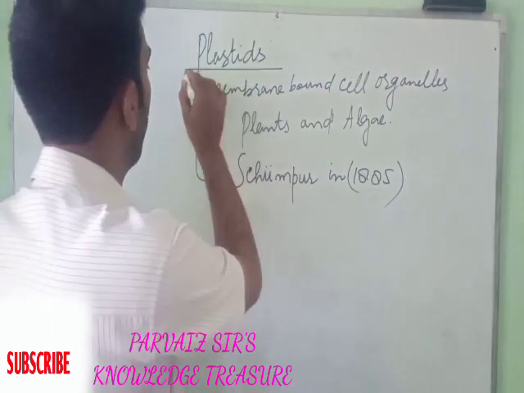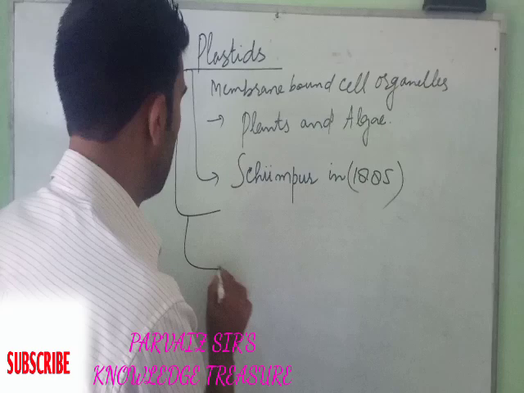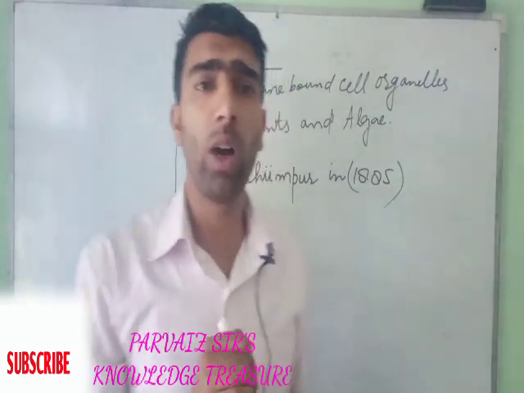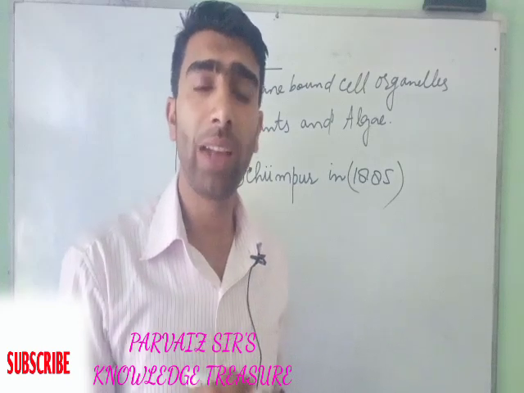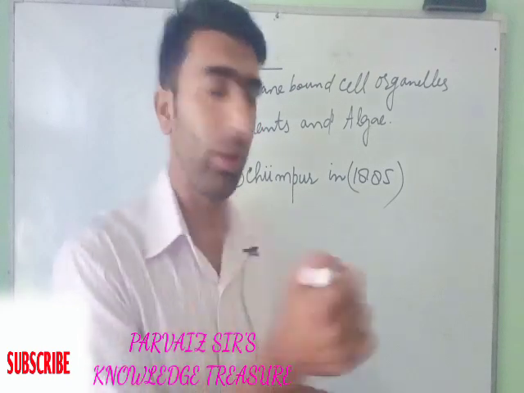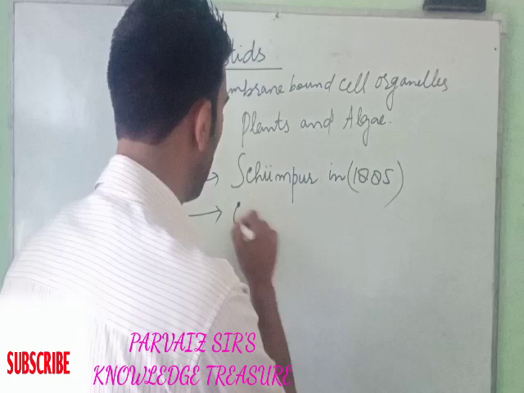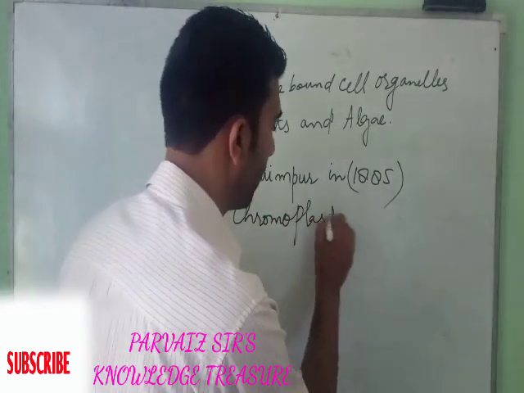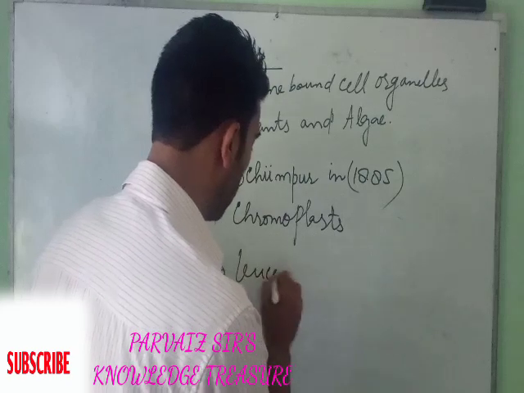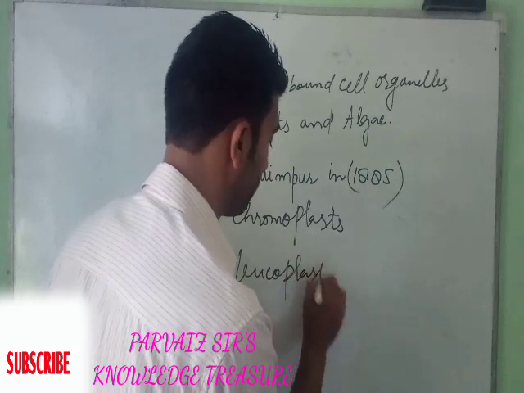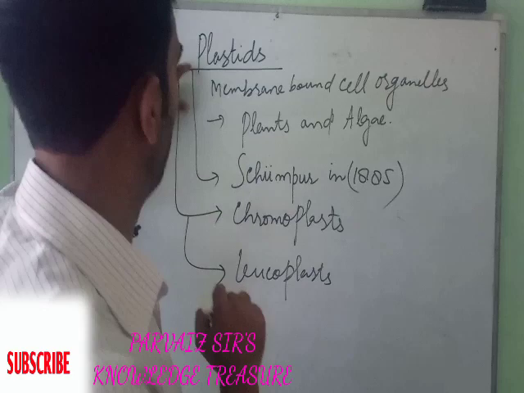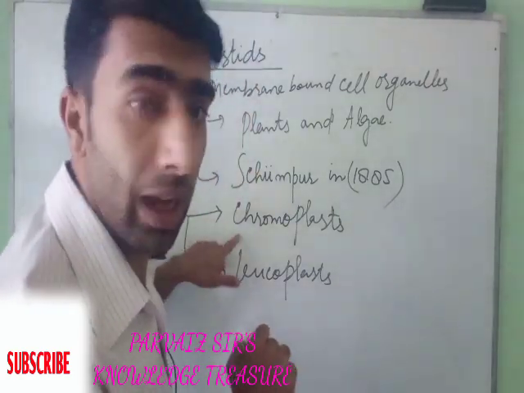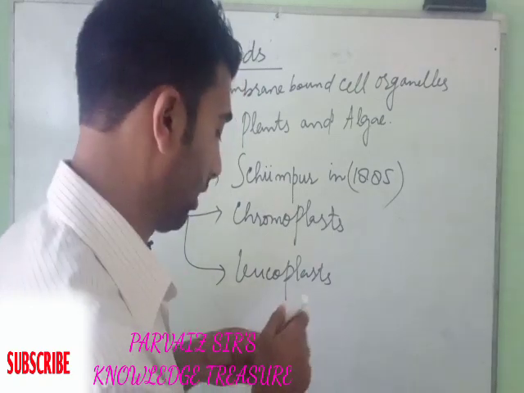Plastids are mainly divided into two types: number one is chromoplasts and number two is leucoplasts.